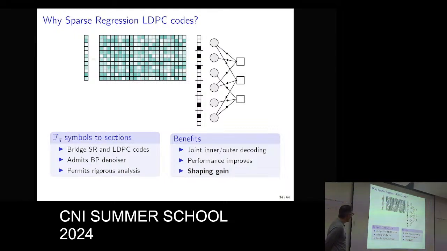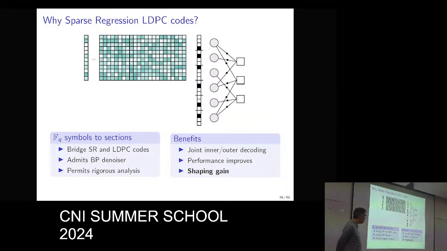Okay, so let's look at what we're doing. We're thinking that there may be gain if we're able to embed the structure of the outer code into the denoiser. This is new. There was some study of concatenation that did not create a denoiser that is attuned to the outer code.